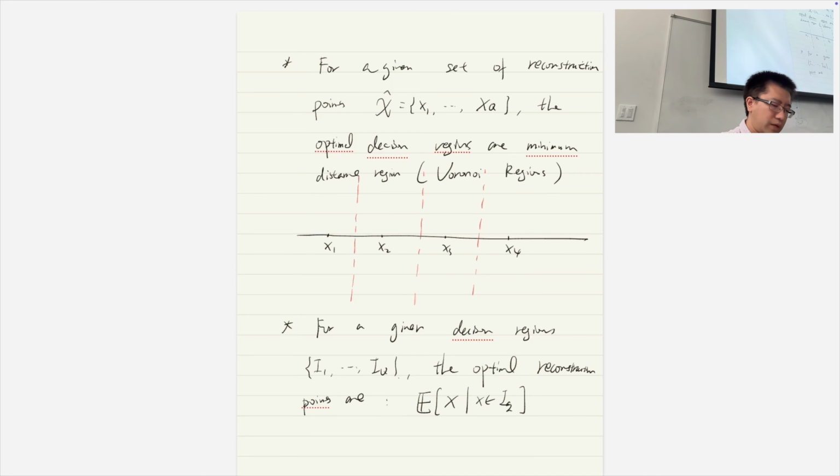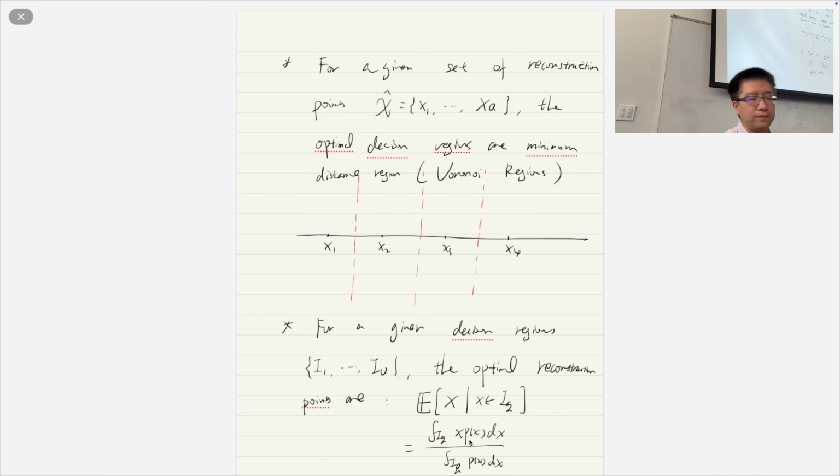Now we need to compute that. You can check the way to compute this formula is as follows. The integral over IQ of x px dx, divided by the integral over IQ of px dx, where px is the PDF. If this integral means the Lebesgue integral instead of the Riemann integral, it could be both a sum and an integral.